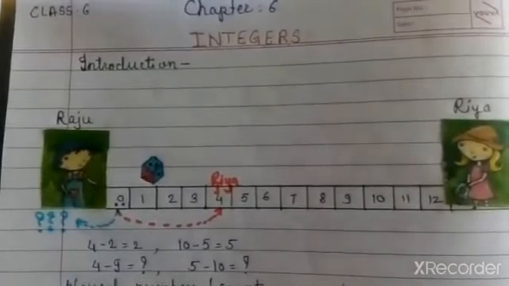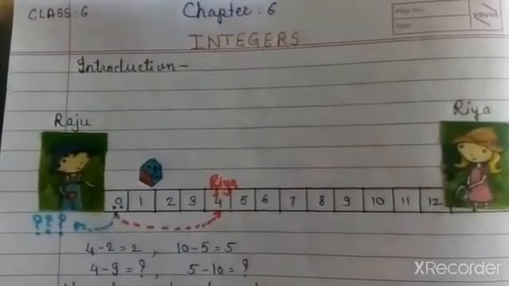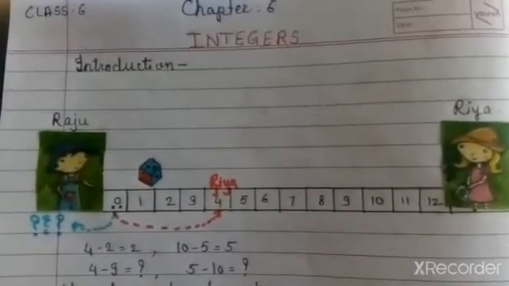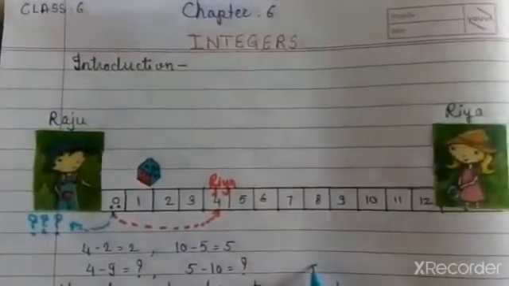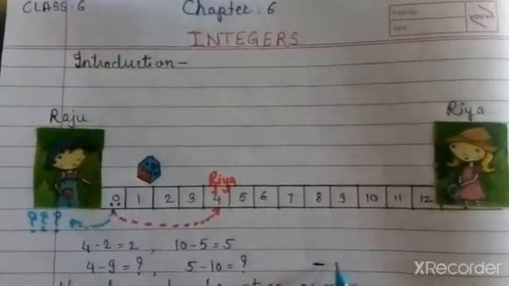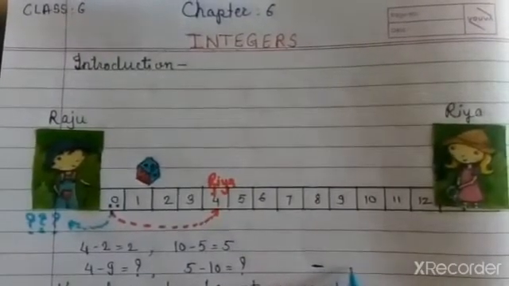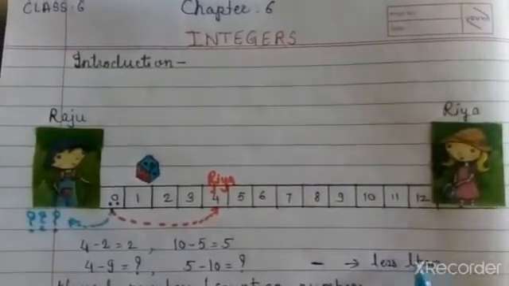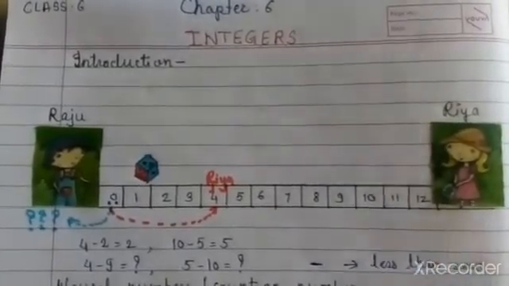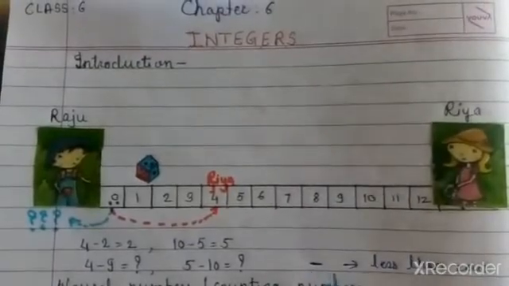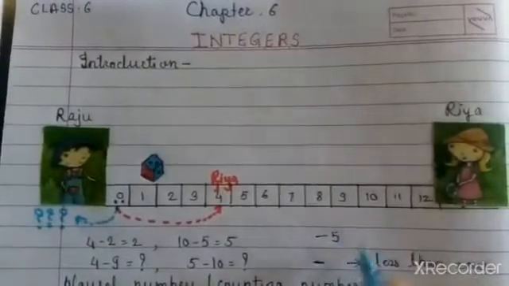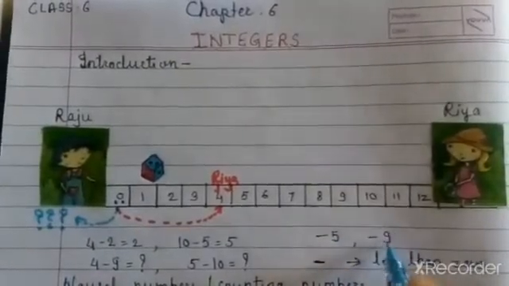Now the numbers behind the 0 are used with a minus sign. This indicates that the numbers with a negative sign are less than 0. These are called negative numbers. So minus 5 is a negative number, minus 9 is a negative number.